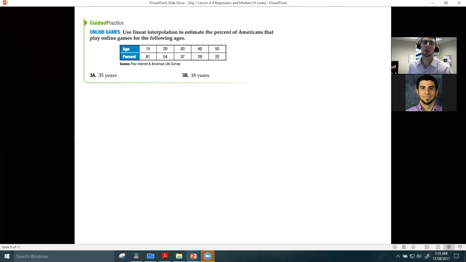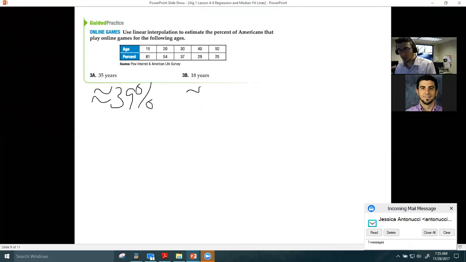Now this one, the ages go from 15 to 50. If I'm trying to figure out what happens when they're 35 and 18, that's linear interpolation because those numbers are between the numbers from our data set. So we actually didn't need to adjust the window. For 35 years, you should have got approximately 39%. And for 18 years, you should have got approximately 64%.